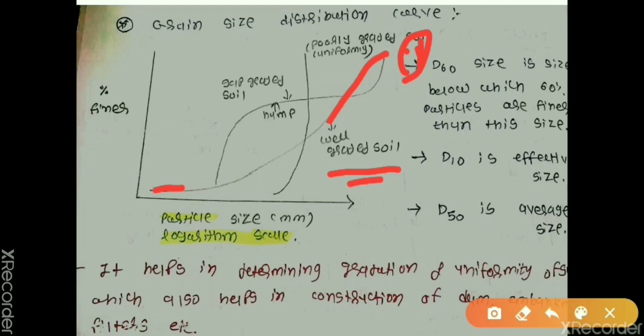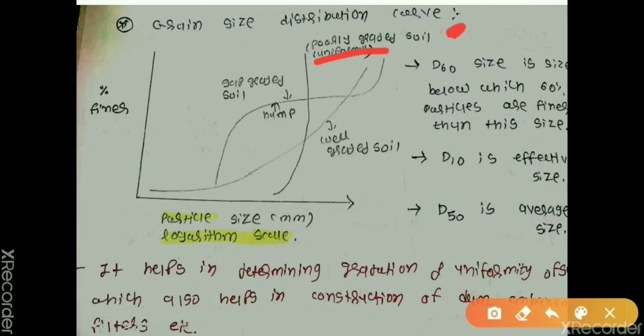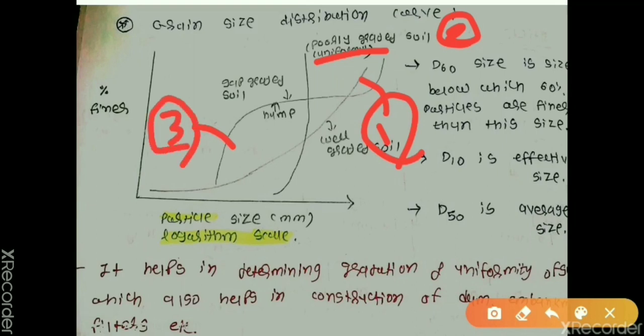Here is the second graph, and here is the third one. Now look carefully at the first curve, of well graded soil. How is it named well graded soil? I am explaining.